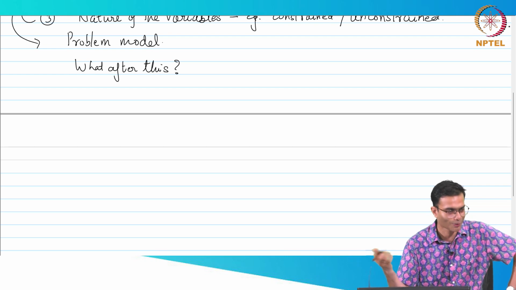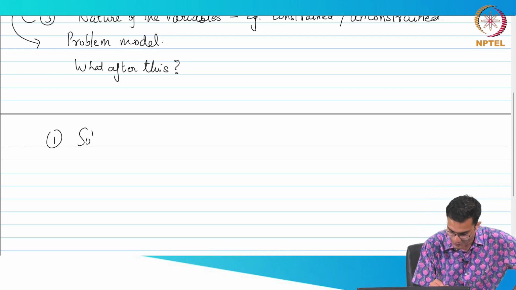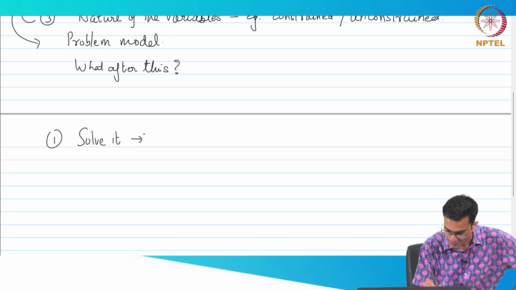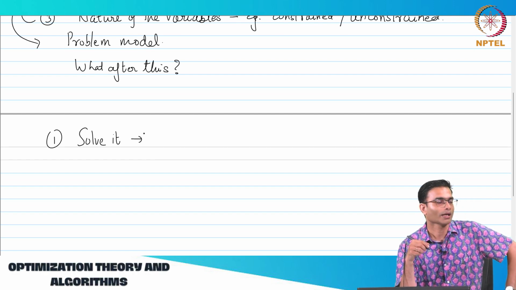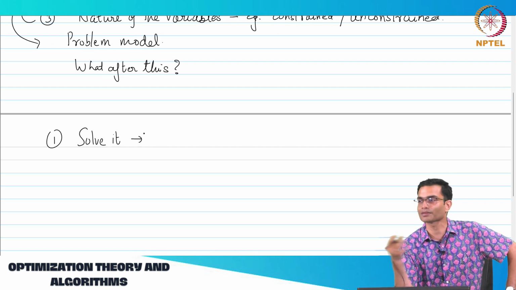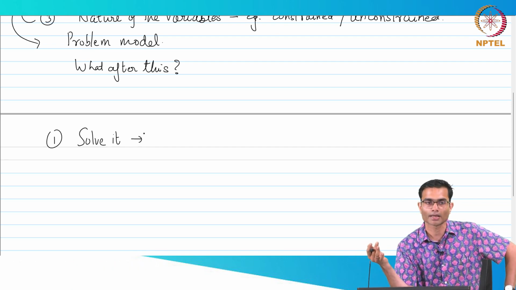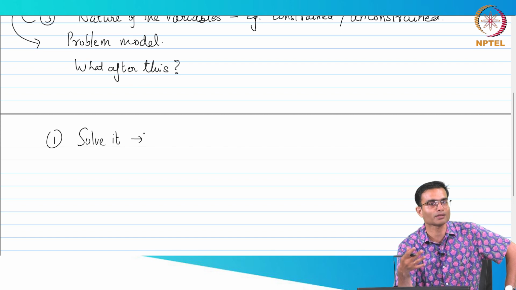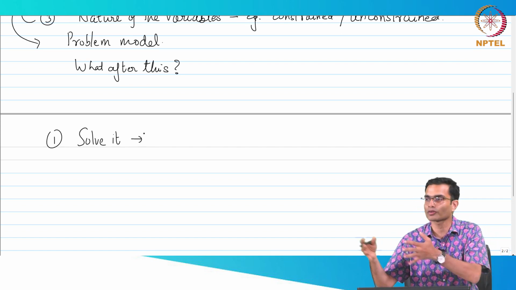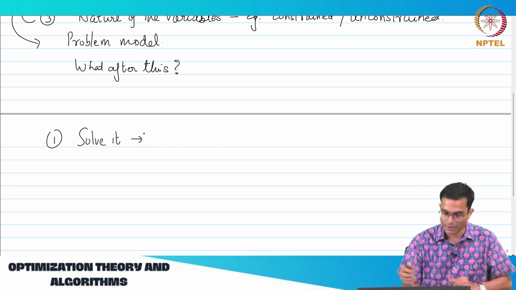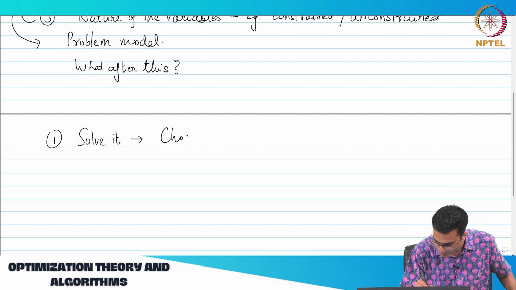We have defined the problem, now we solve it, right? Solving it implies choosing an algorithm. There may be several ways of solving a certain problem, and the more complicated the problem, the more you may have to look for a particular algorithm that suits you. So this would involve choosing the right algorithm.